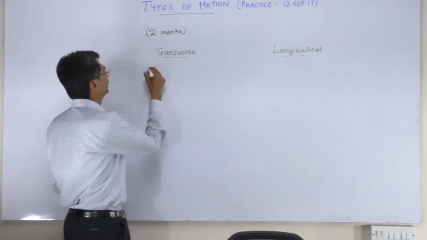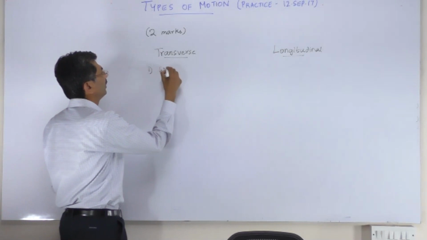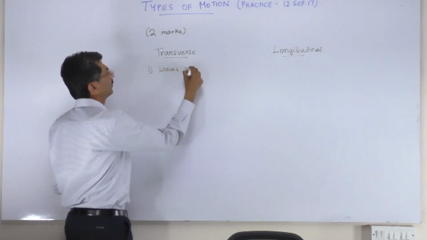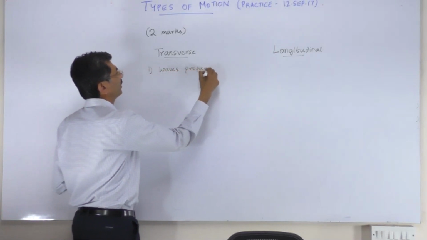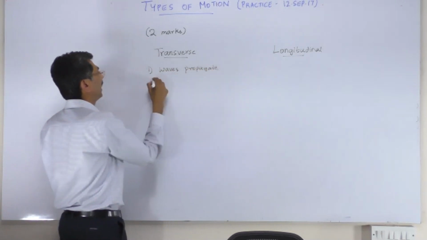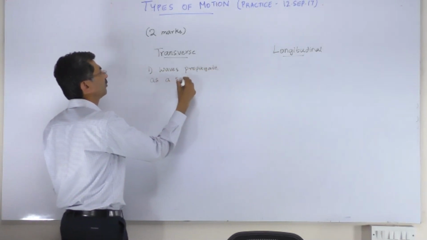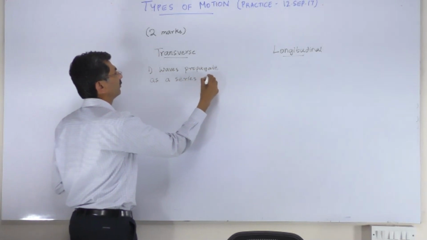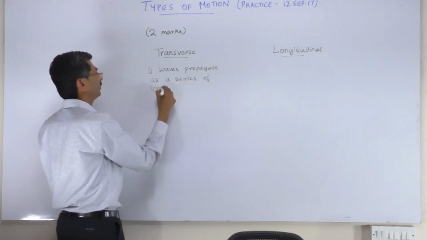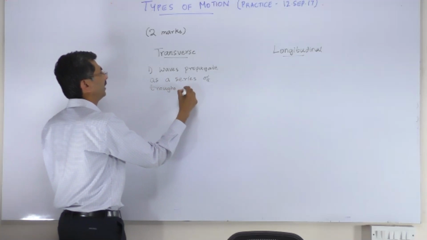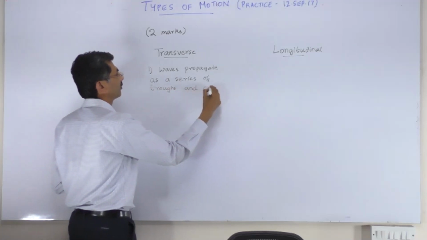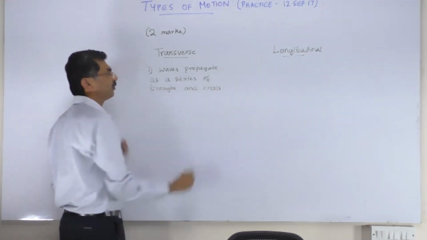So the first difference is that waves propagate as a series of troughs and crests. What does it mean?